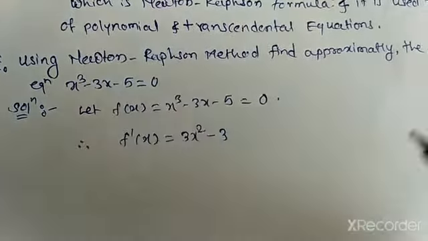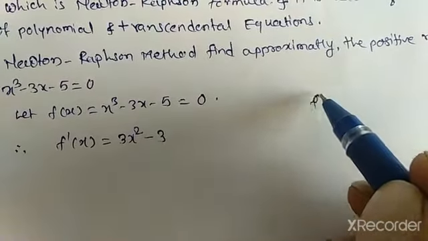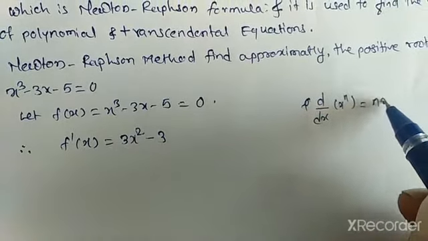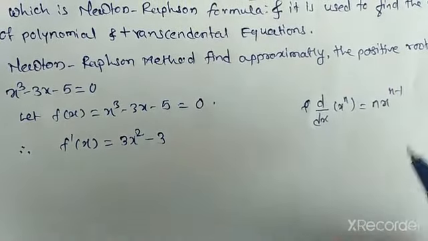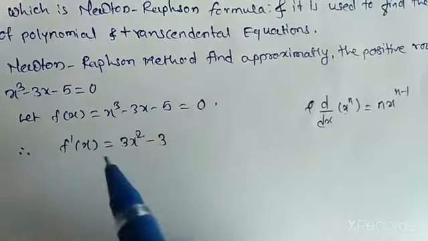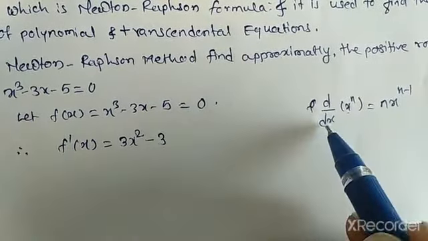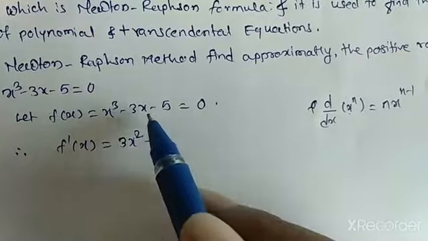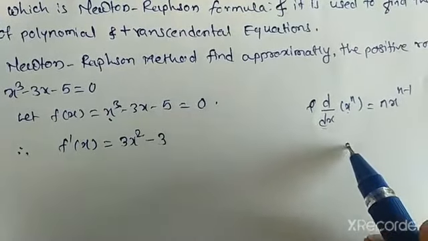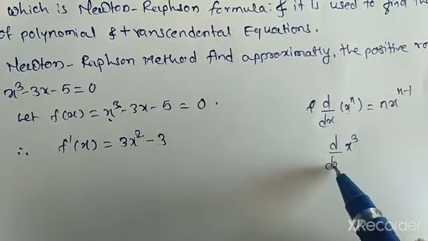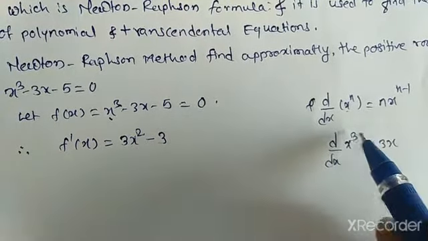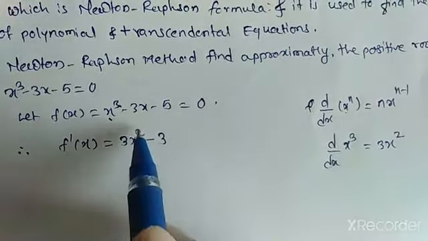You know the formula for the derivative: d by dx of x raised to n is n x raised to n minus 1. So for x cube, the power is 3, so n is 3, x raised to 3 minus 1 is 2, so it is 3x square.